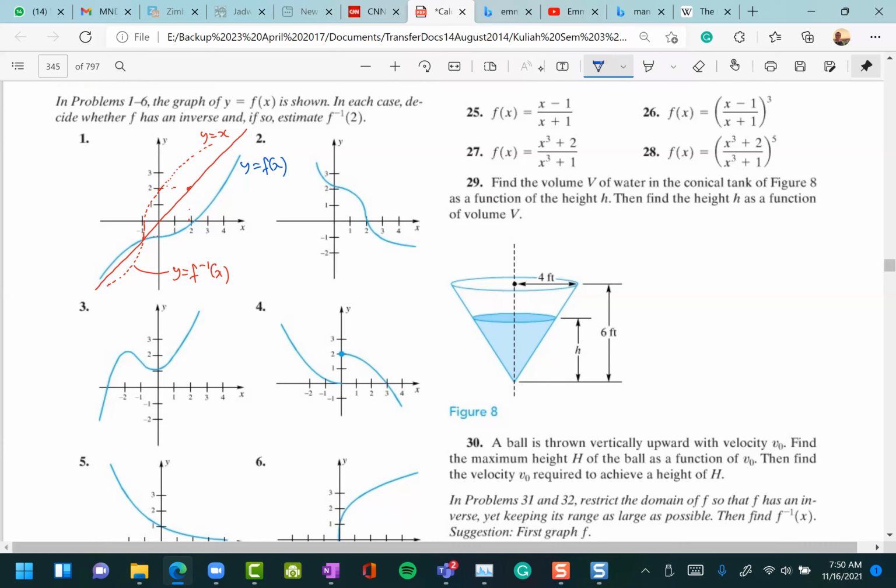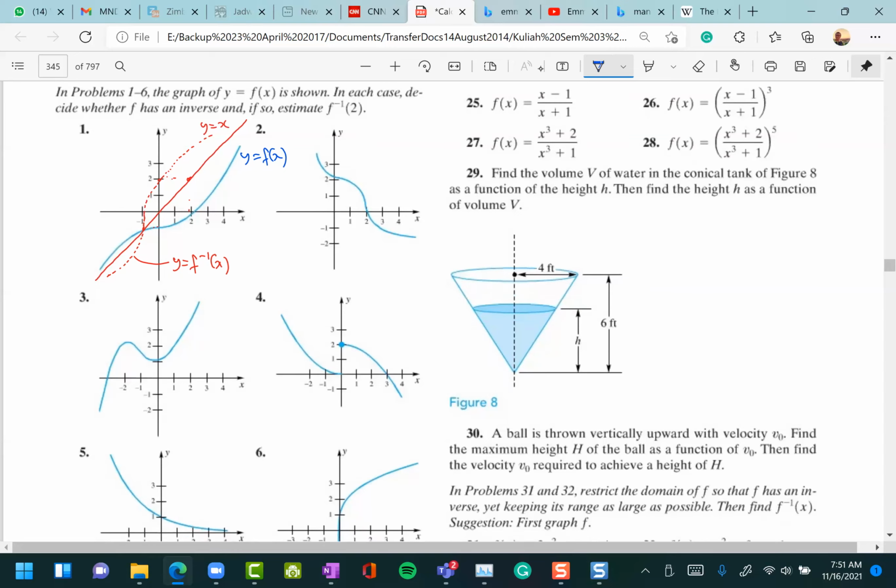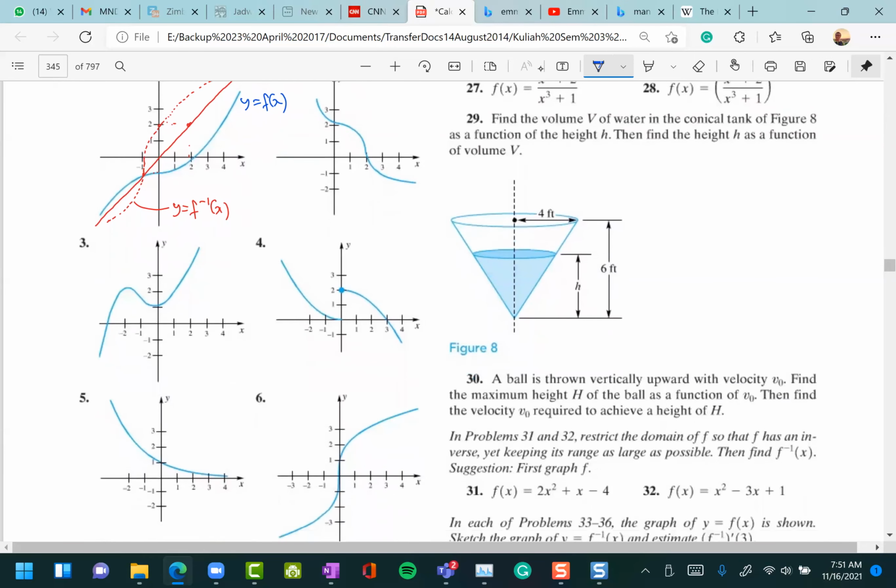Okay. So just get the image or reflection. So you put the mirror here at y equals x, the diagonal. So that's how you get the inverse.